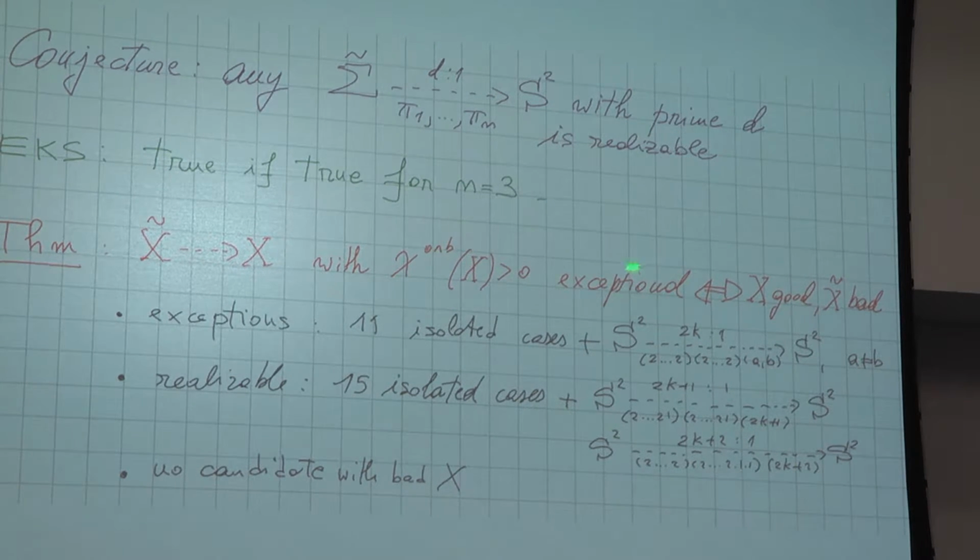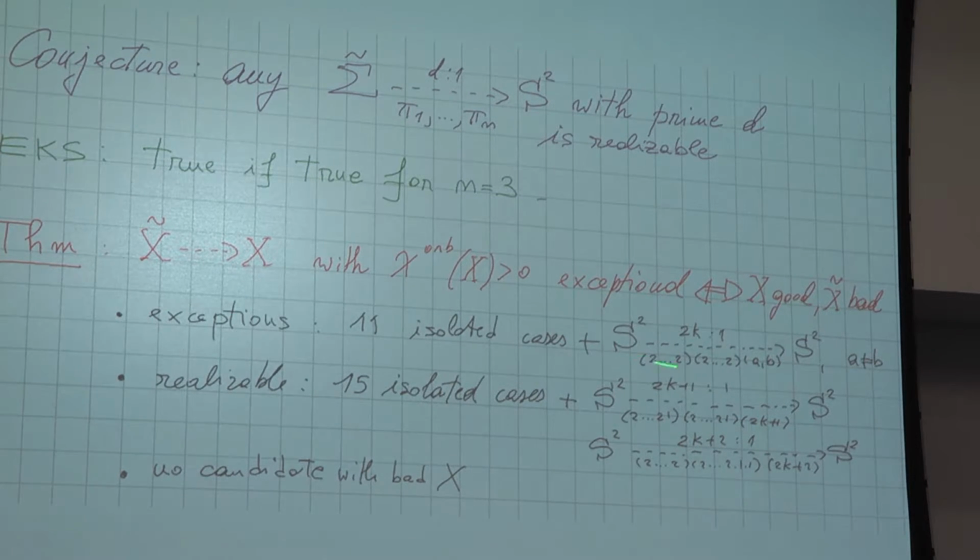A candidate is exceptional if and only if it's of the type I told you about before, when X is good and X tilde is bad. What you show is, first, you don't have any candidate with bad X, and then the exceptions are 11 isolated cases that you just list, and 1 infinite family.